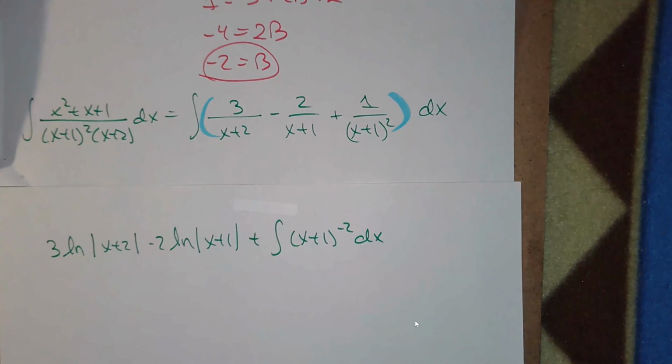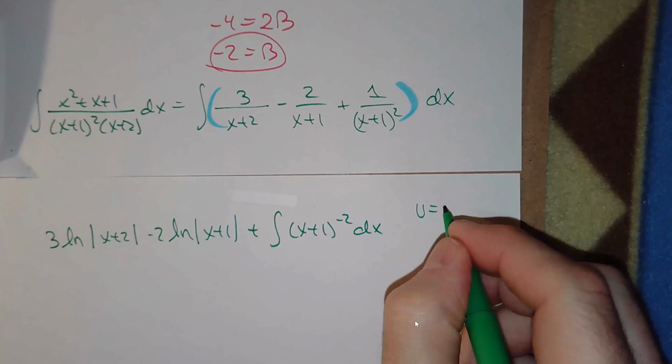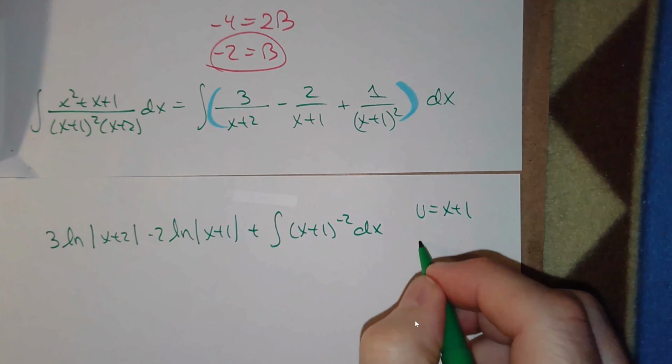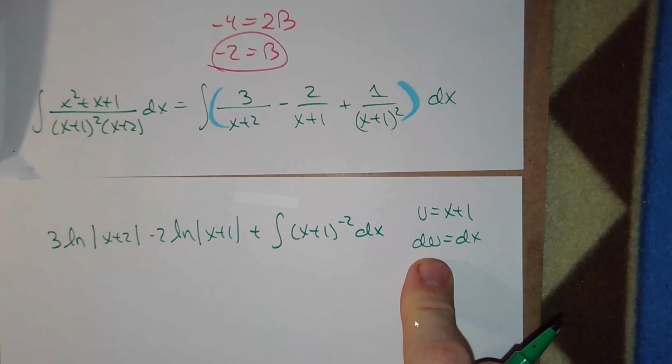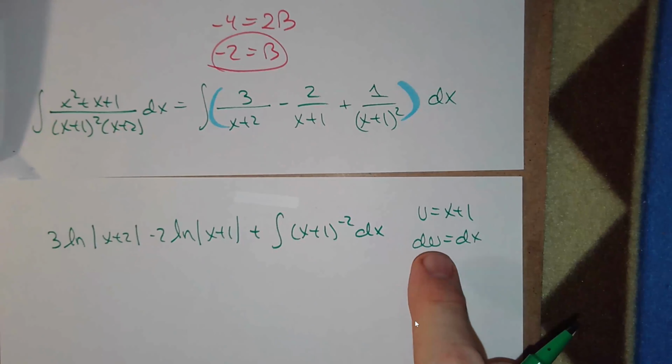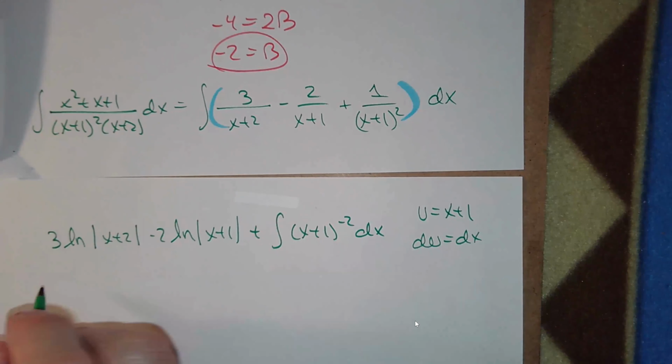I'll give you a little trick here. Back in Calc 1, we'd probably make a u substitution, and u would equal x plus 1. And what you'll find is du equals dx. If, in thinking about a u substitution, du equals dx, you know what? You don't really need to formally do the u substitution. Just integrate it the way you think it would be.